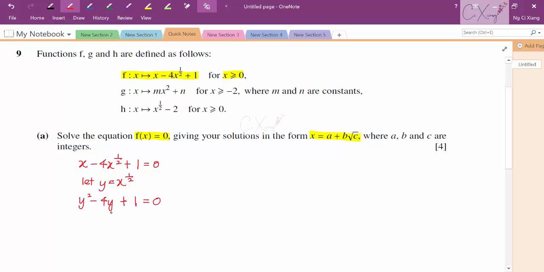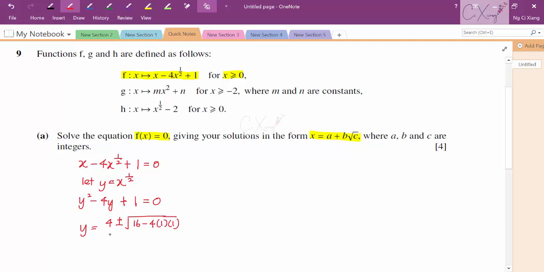From here, you can see more clearly that I actually have a quadratic equation, and I want to solve it. I realize that I cannot use the factorization method, and therefore I use the quadratic formula: negative b plus minus square root of b squared minus 4ac, all divided by 2a. So b squared is 16 minus 4ac.